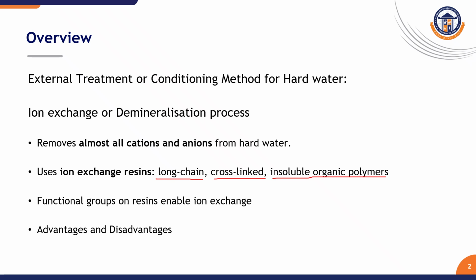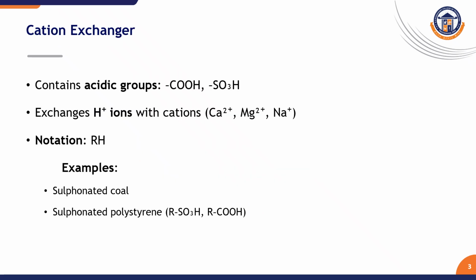Mainly it will be insoluble in water, so that we call it a resin. The functional groups on the resins enable the ion exchange. For example, if it is a cation exchange resin or an anion exchange resin, we are exchanging cations or anions. Then we are going to see the advantages and disadvantages of this method.